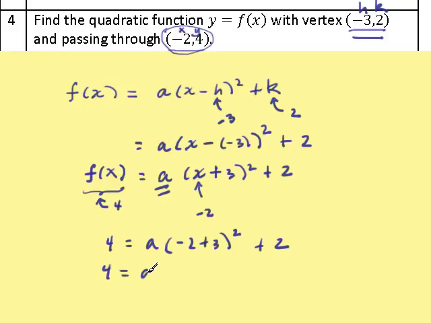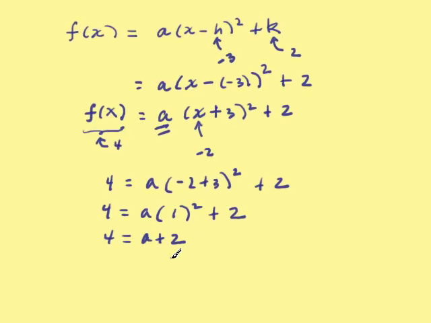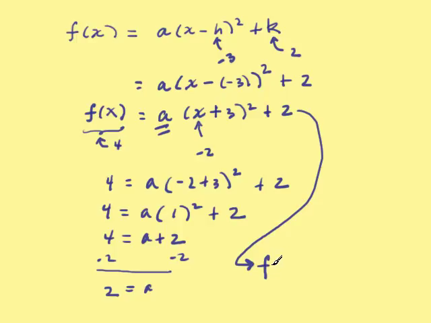So 4 is equal to a, and here we have 1 squared plus 2. 4 is equal to a plus 2, and just subtract 2 from both sides. And we have that a is equal to 2. So now we can finish our quadratic function. Let's just write it over here. And we have f of x is equal to 2 times (x plus 3) squared plus 2.